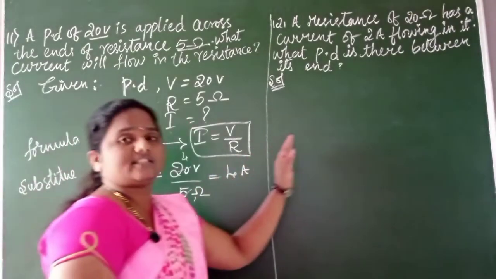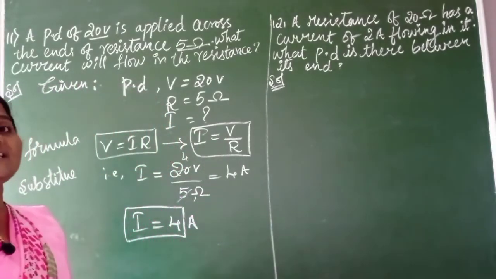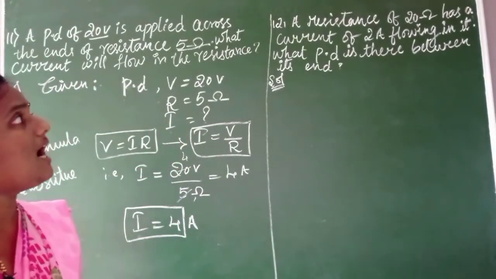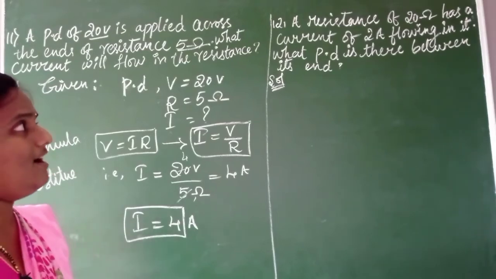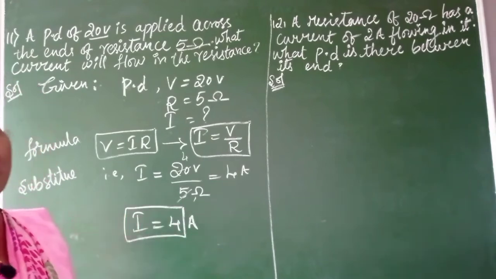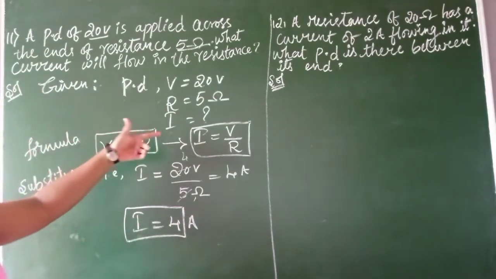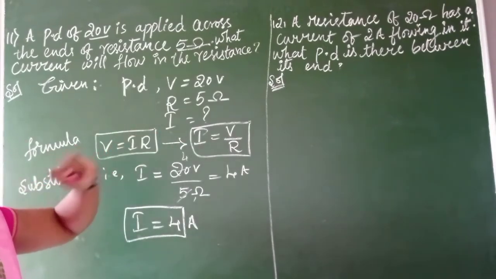Okay, now we will solve the next problem, and the question is: a resistance of 20 ohms has a current of 2 amperes flowing in it. Then what is the potential difference between its ends? See here, in the initial problem, what did we calculate? The current I value.